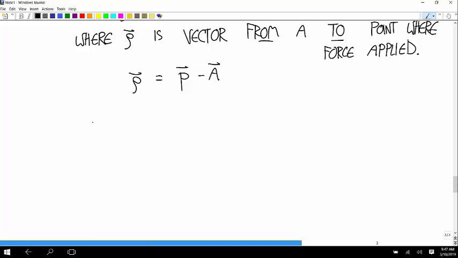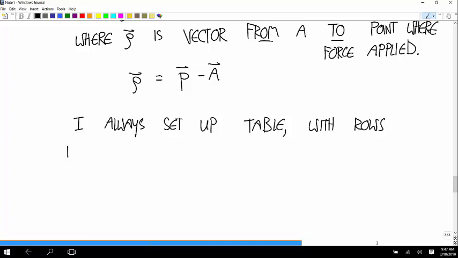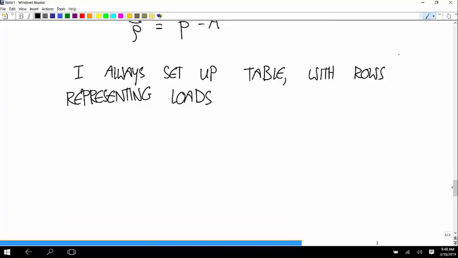Rotational Newton's second law says you're going to add up all the moments applied by all the forces about your point A. So always set up a table with rows representing individual loads and the columns with places for that rho vector, the force vector, and the moment vector.